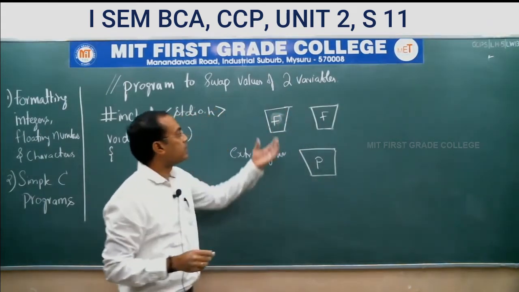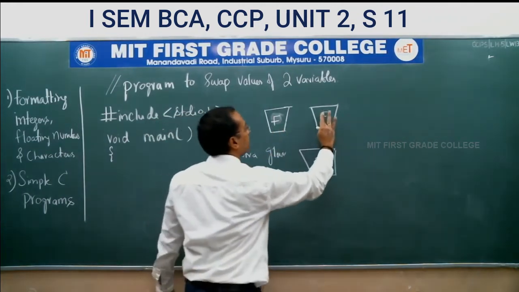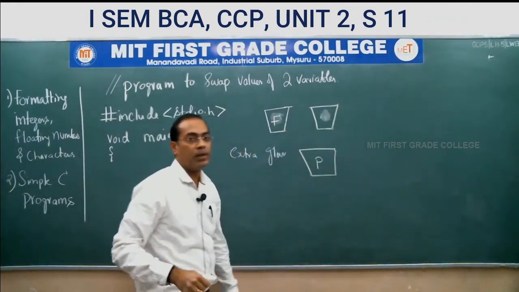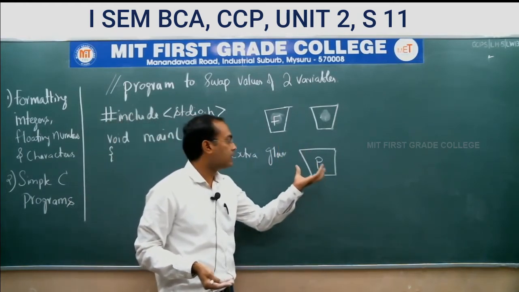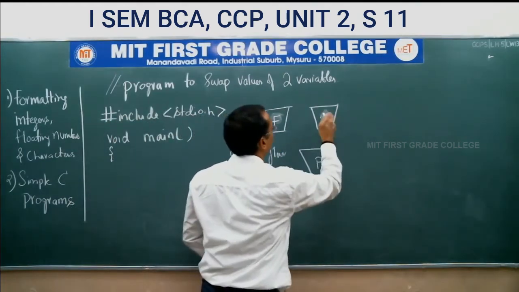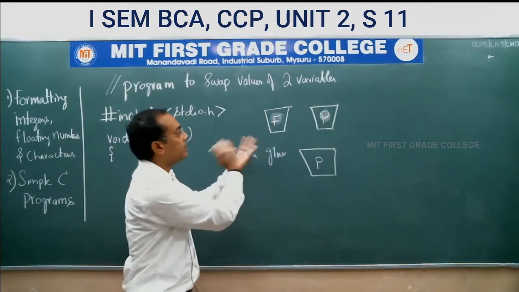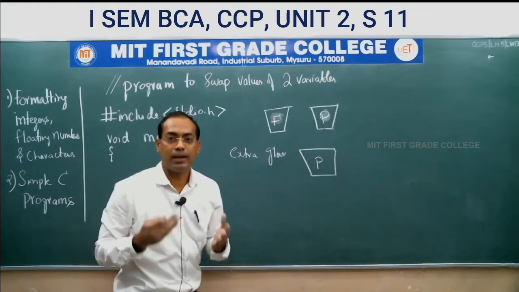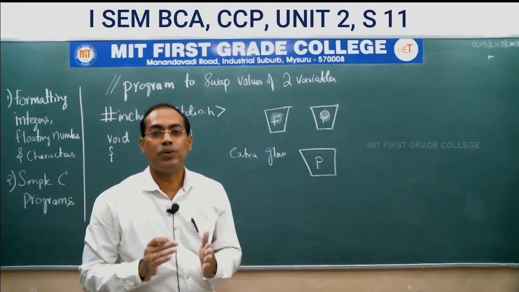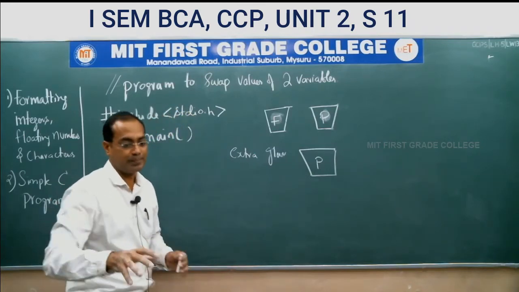So now the Pepsi glass has Fanta and the other is empty. Now what is the next step? Take the extra glass contents, that is Pepsi, and pour it into the Fanta glass. Now you have interchanged the contents with the help of one additional glass. This is how you can solve this problem. Let's now build the program.